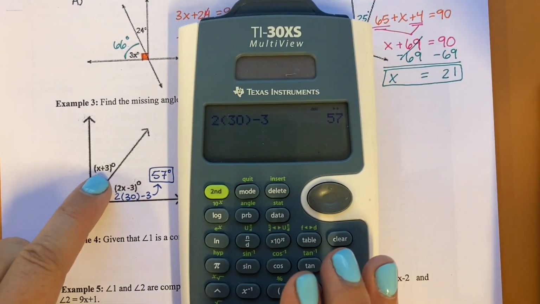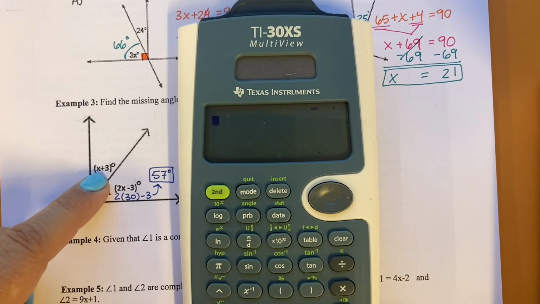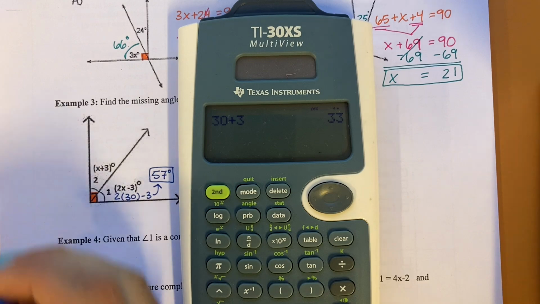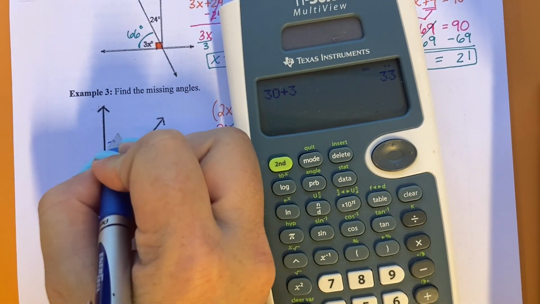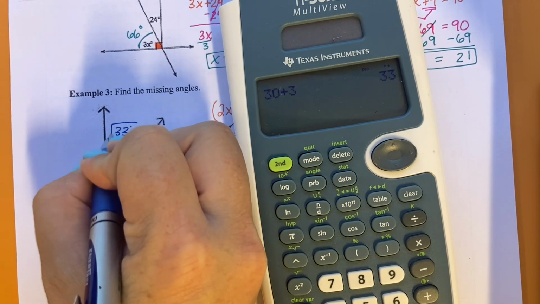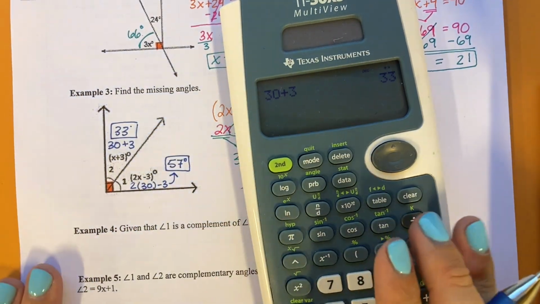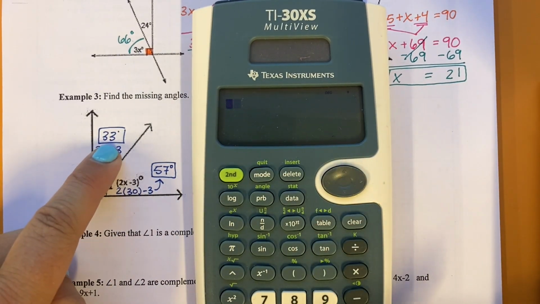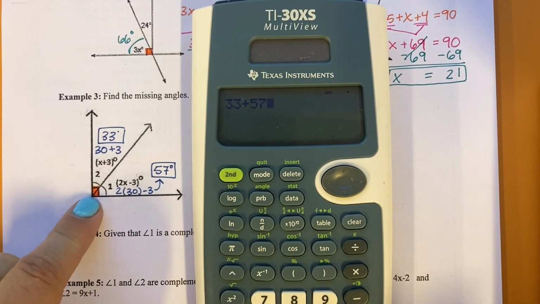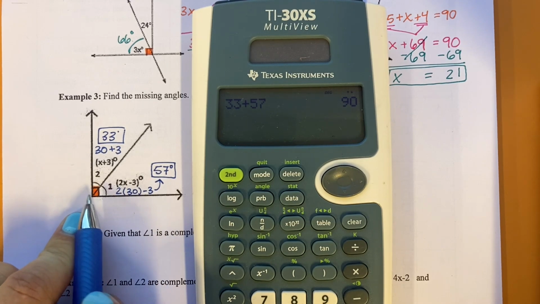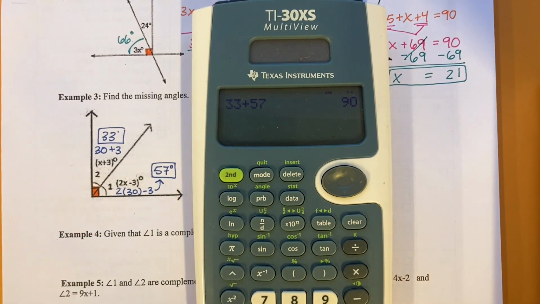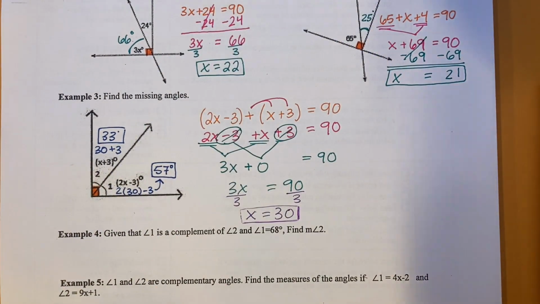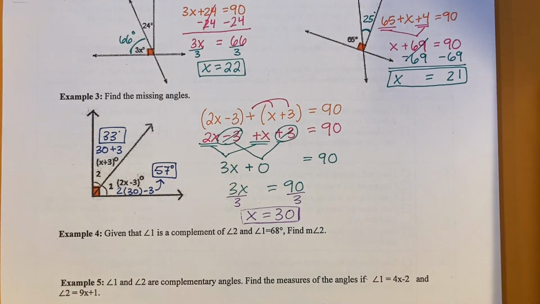If they wanted angle 2, I would look for the x. X was a 30, so I replace it, plus 3. 33 degrees. And if you want to double check, 33 plus 57 should give you 90 degrees. So you can check your work to make sure you didn't make an error within your algebra steps.